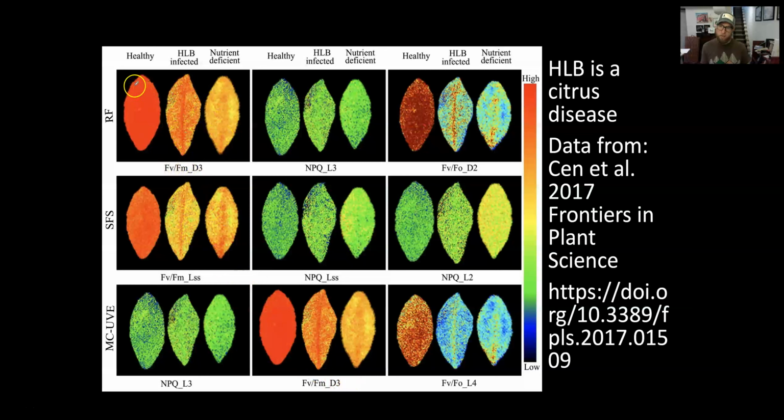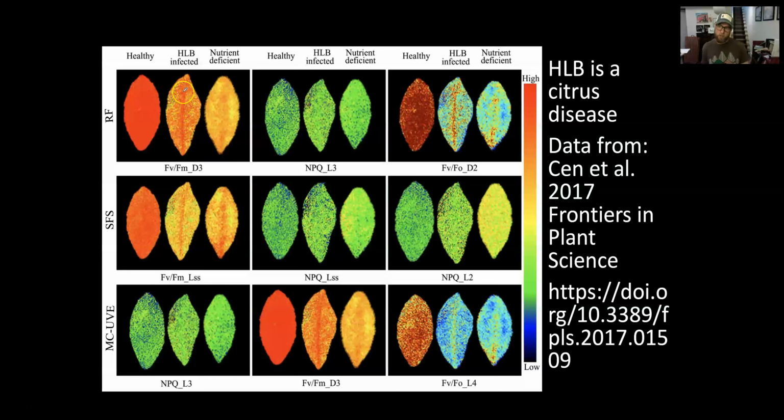So FV/FM in a healthy leaf is really high. That means the difference between that maximum peak and its baseline is really big, which tells us again that there's a lot of photosystems that are operational. But you can see when it's infected with the disease, this disease is having some impact on the photosynthetic machinery of the leaves.